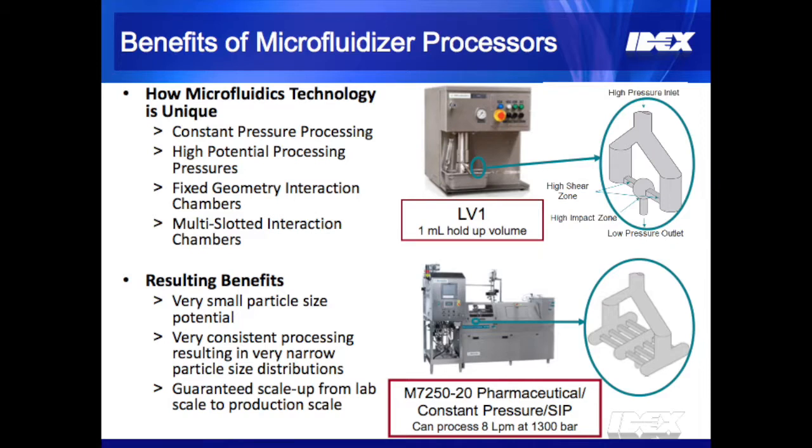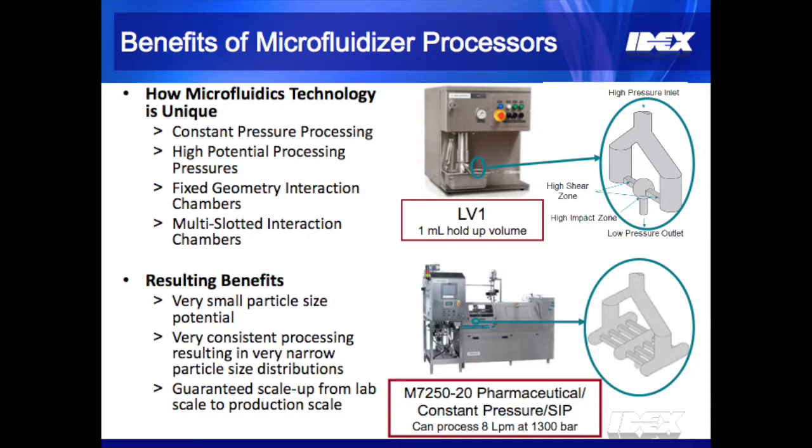Our technology is a constant pressure process with extremely high potential processing pressures up to 30,000 psi. We use fixed geometry interaction chambers and multi-slotted interaction chambers. This results in very small particle size with very consistent processing conditions, resulting in very narrow particle size distributions. And also, we guarantee scale up from lab scale to production scale.